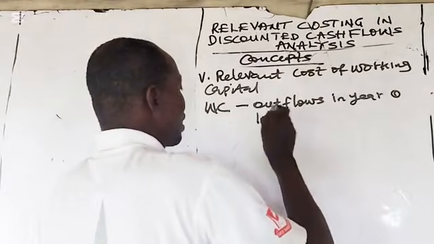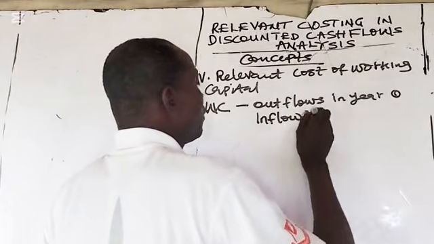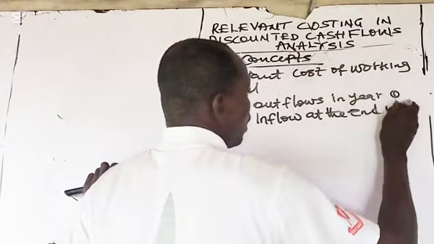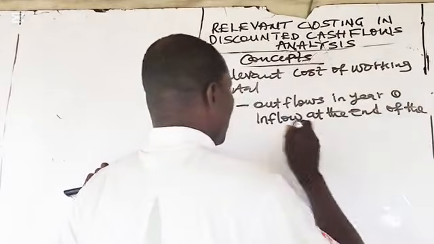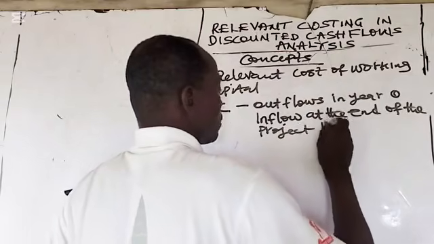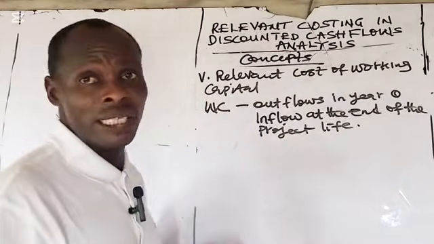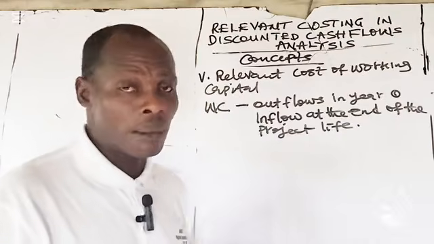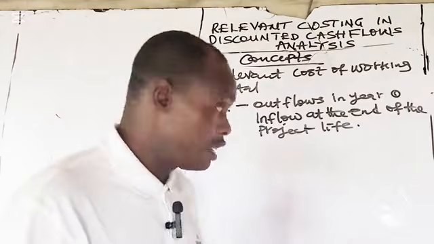That means that same working capital will be treated as an inflow at the end of the project life. You have the working capital treated as an outflow in year 0. Then at the end of the project life, you will have the same working capital treated as an inflow.